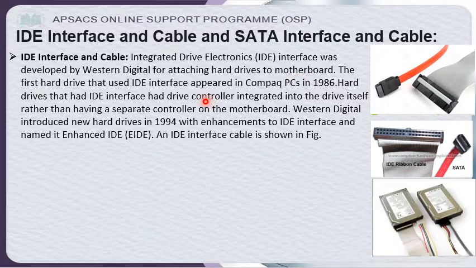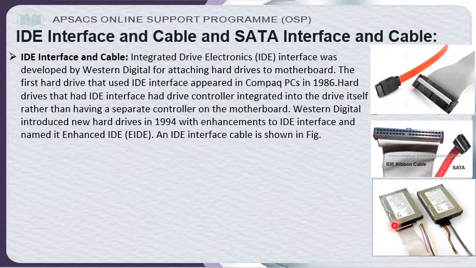The first hard disk that used an IDE interface appeared in a Compaq PC in 1986. A hard drive that has an IDE interface had a drive controller integrated into the drive itself rather than a separate controller on the motherboard.